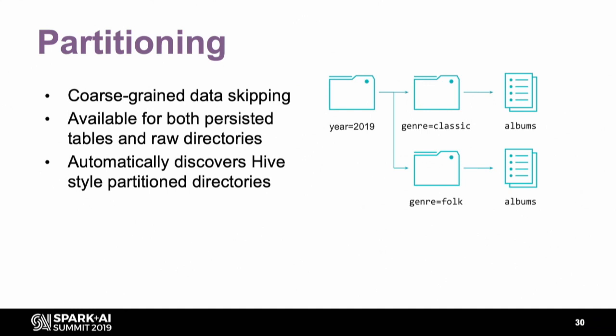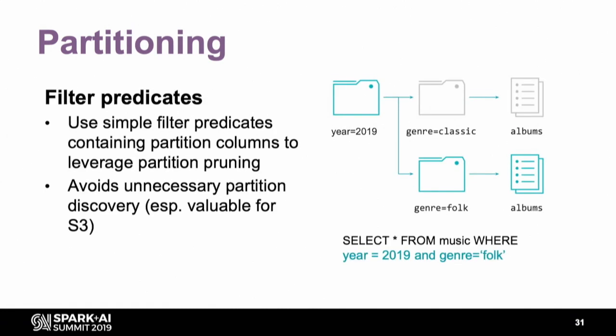For each partition column, there will be a directory for each partition value. Here is an example of data skipping by selecting the year as 2009 and the genre as folk. We can avoid unnecessary data reading and partition discovery.